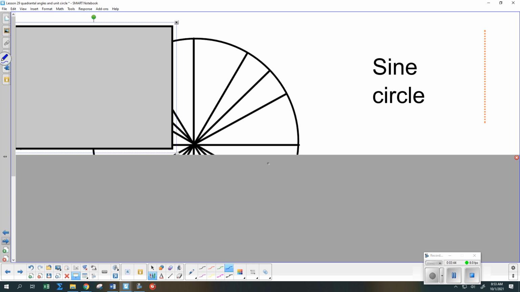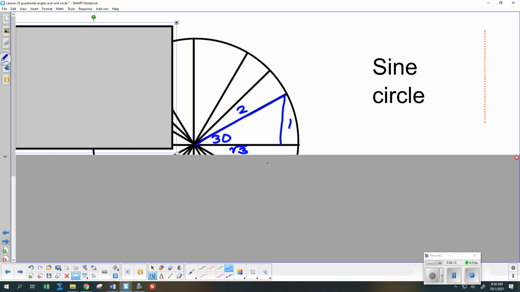Now don't draw all of these triangles that I'm about to start drawing. You may want to do one, but I'm going to draw and erase, and you don't want to get your circle too terribly messy. If I wanted to talk about 30 degrees, like I did the other day, I could do my 30-degree angle right here, and I could draw my right triangle there, and I could label my sides with the 1, the 2, and the square root of 3 for my reference triangle.